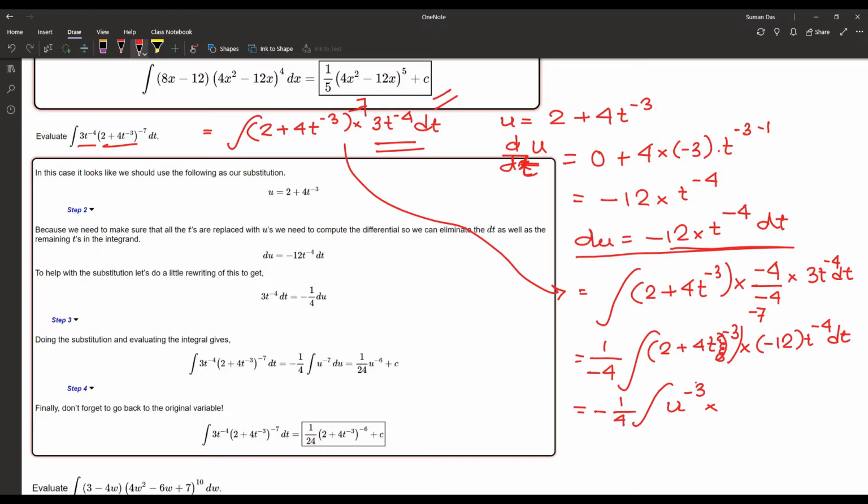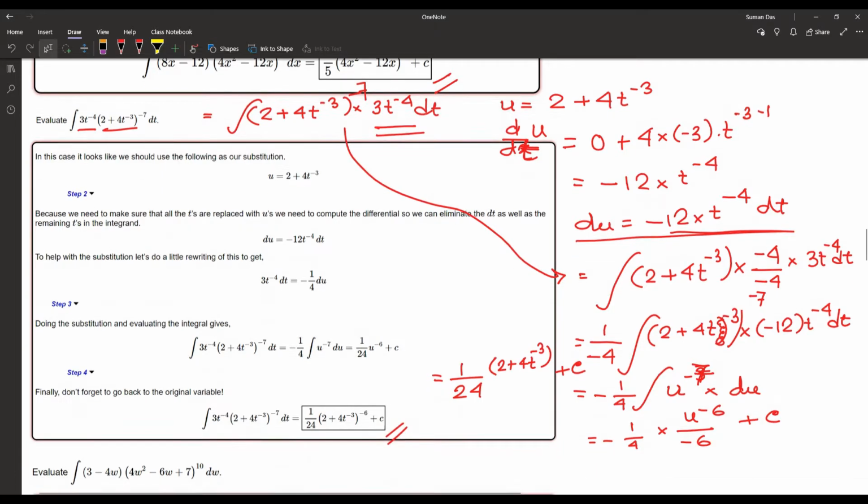So that one is u to the power minus 7 into du, or the final result is u to the power minus 6 divided by minus 6 plus integration constant, and so the final must be here 1 by 24, as u is equal to 2 plus 4t whole to the power minus 3 plus integration constant, and the result is here. Let's check the next problem.